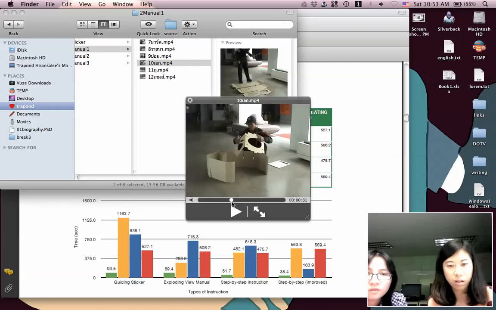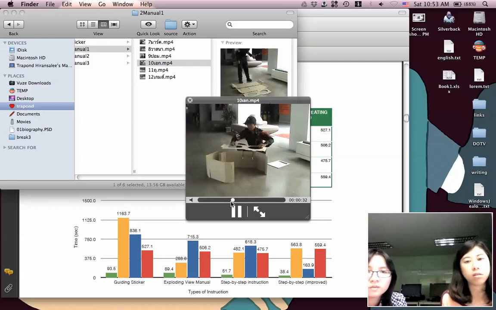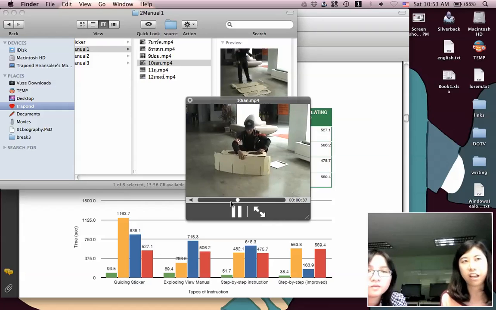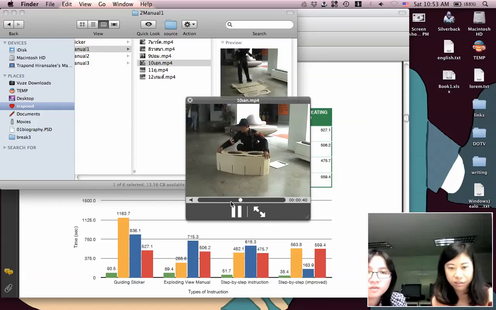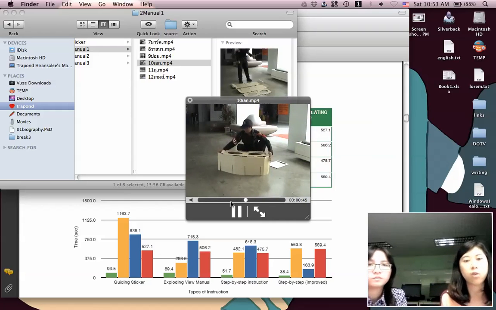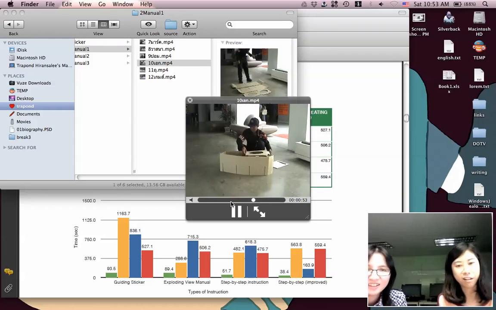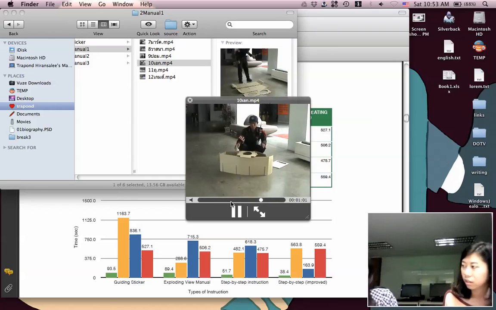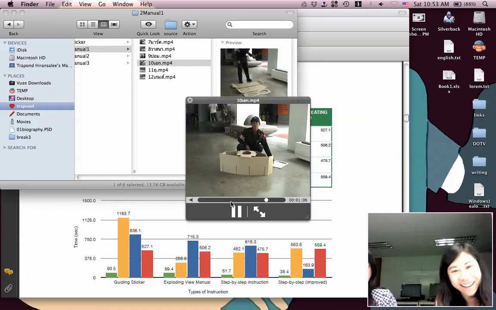This is for the exploding view manual, which is very hard for some people because mostly it's used by experts like engineers or architects. And also some people do not read the manual, so you can see that he doesn't even look at the manual, and it's not the same as the complete one. So he ended up with a very strange finished version of this model.